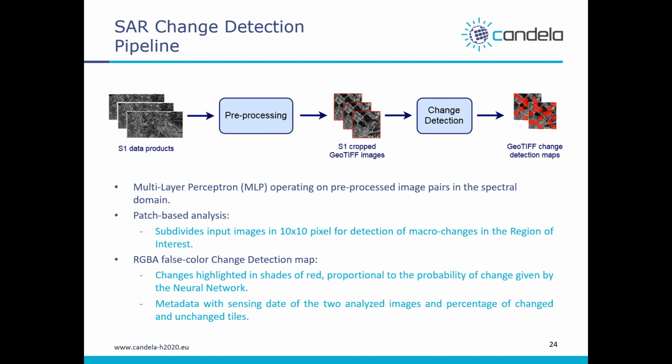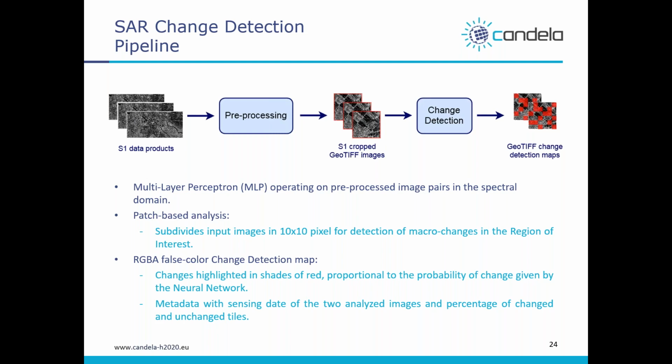The result is a false color change detection map in which changed areas are highlighted in red, and metadata containing geospatial information about the acquisition and the percentage of changed and unchanged tiles is reported.